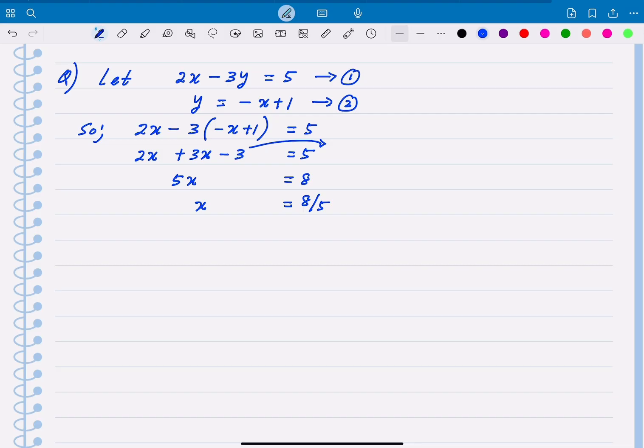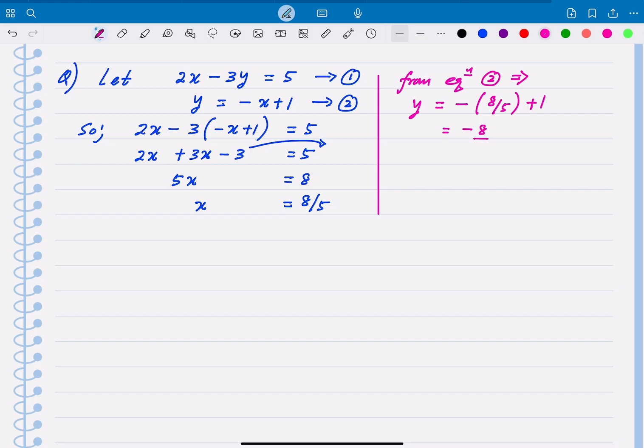Easy. Now we can easily substitute that back into equation number 2. From equation number 2, y is equal to minus, always substitution with a bracket, bracket 8 divided by 5 plus 1. Now you can easily expand the bracket.